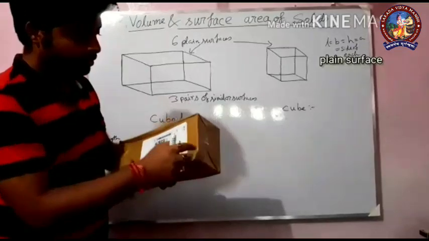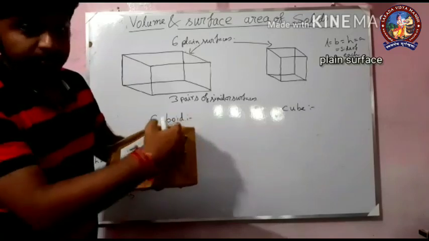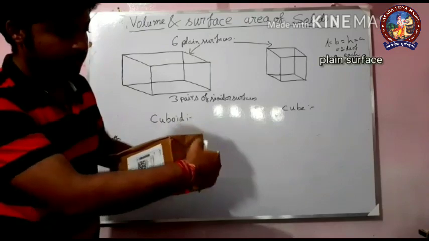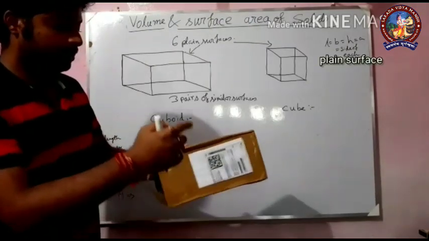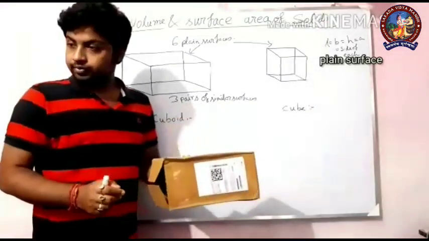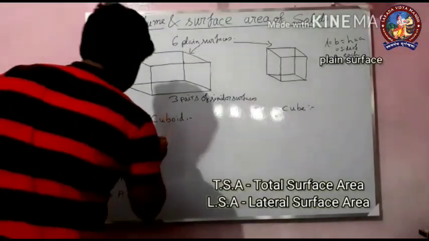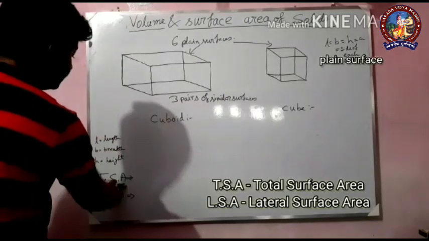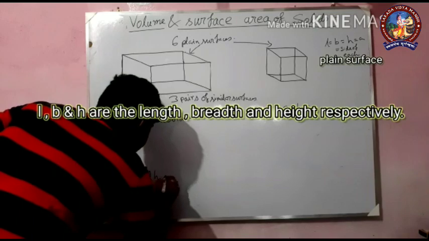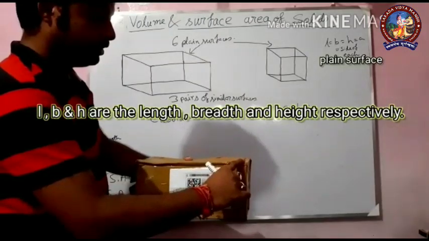Similarly, this is the height and this is the breadth. So the left hand surface will be breadth into height. In this way we can calculate the area of the left hand surface. That area will be exactly the same as the right hand surface. So here we are getting the total surface area as: there are 2 LHs, because this is length and this is height.